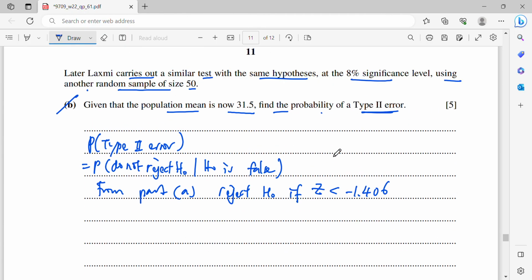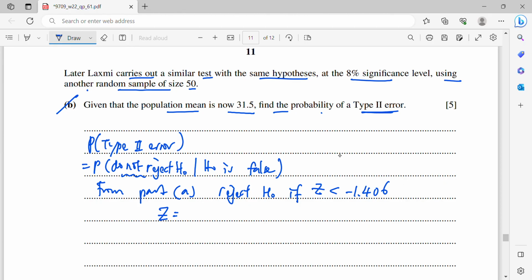Now, I need to count my A, because I have no idea in what condition I do not reject H0.